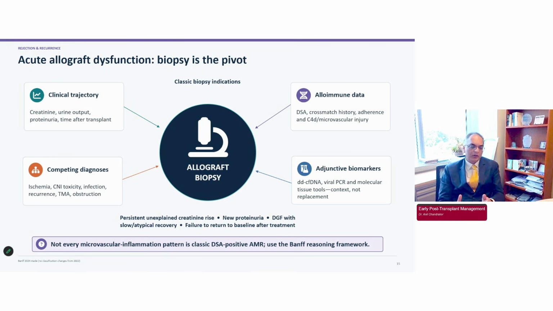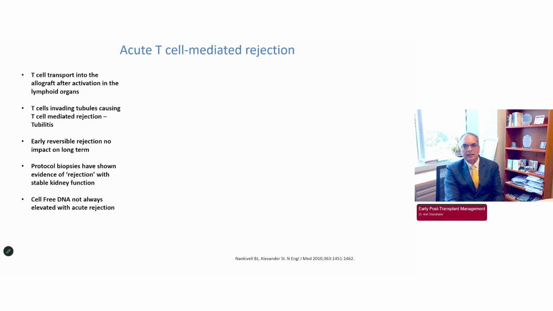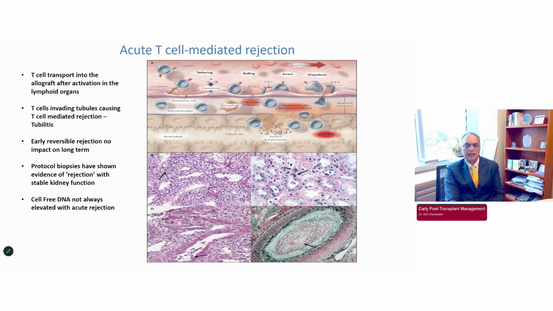There are now a number of other tests as well that may potentially indicate that there's graft dysfunction. These tests themselves cannot be used to diagnose rejection, but can lead to a biopsy, which may then tell you if there's rejection.